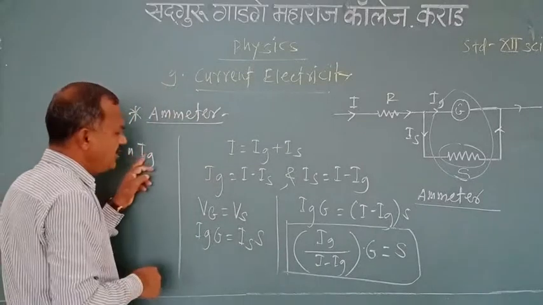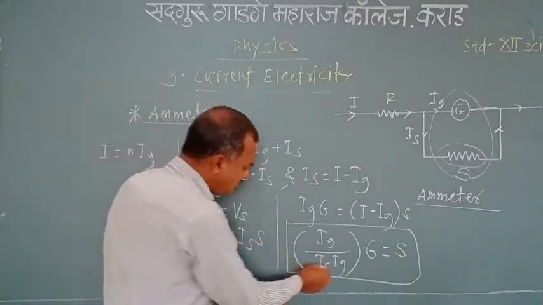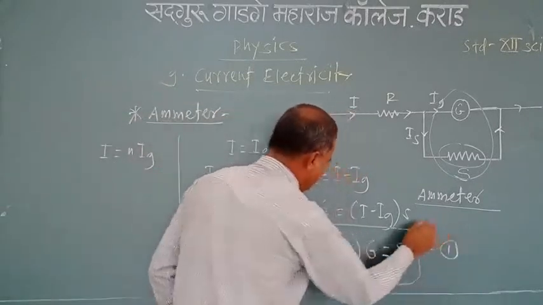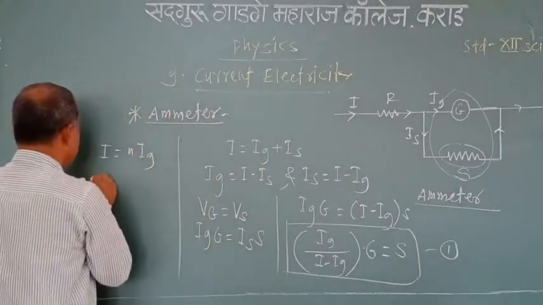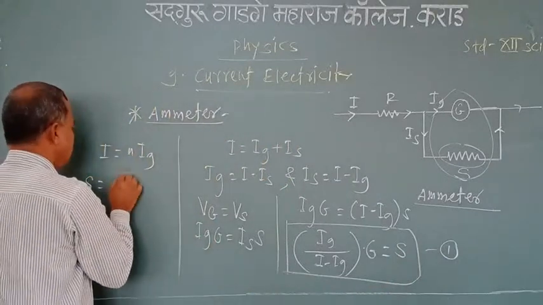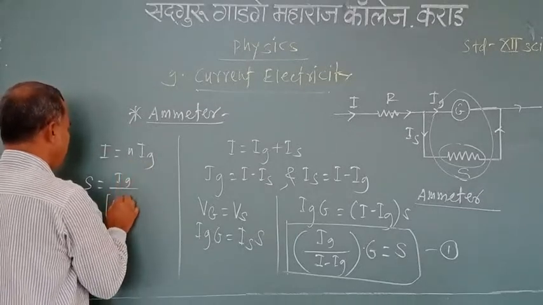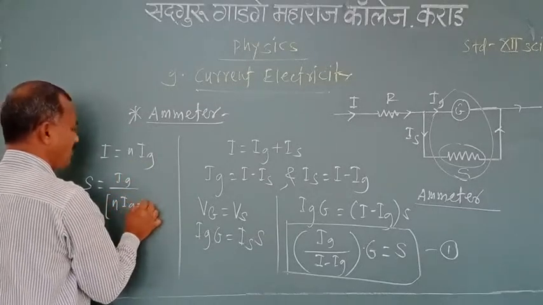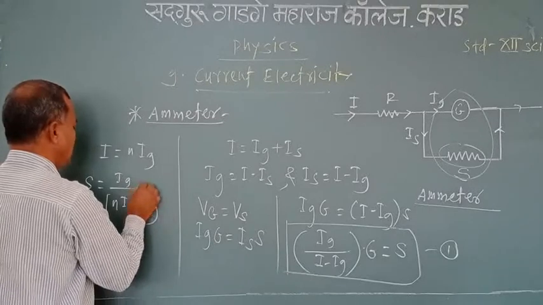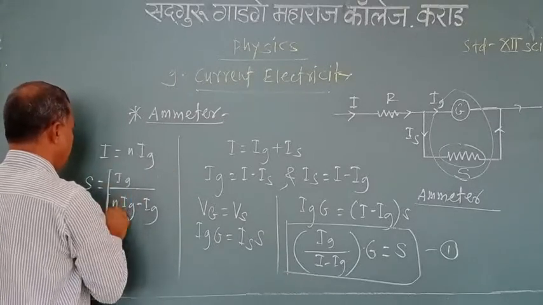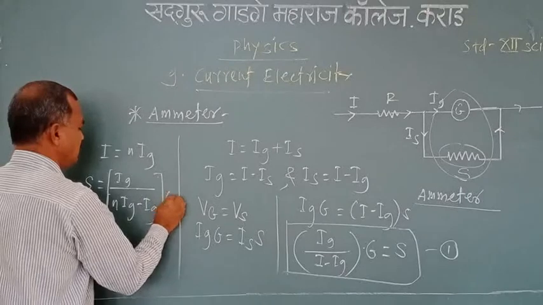Substitute I equal to N times Ig in this relation. Suppose this is equation number 1. Therefore S equal to Ig divided by, substituting I equal to N times Ig, N times Ig minus Ig, into G.